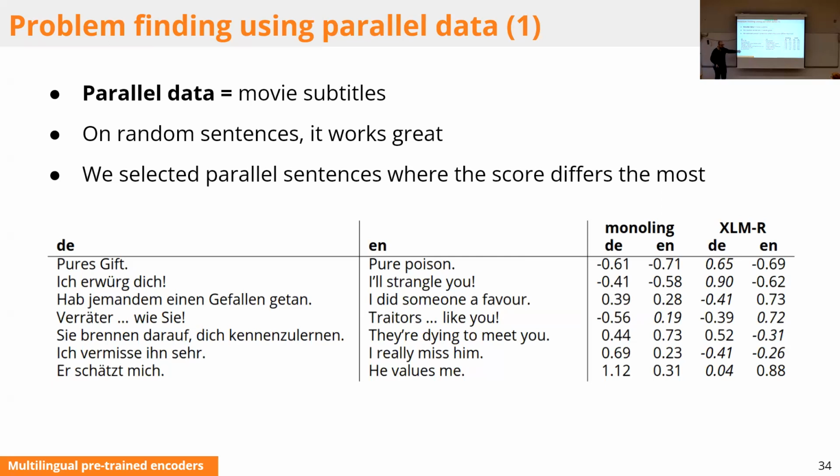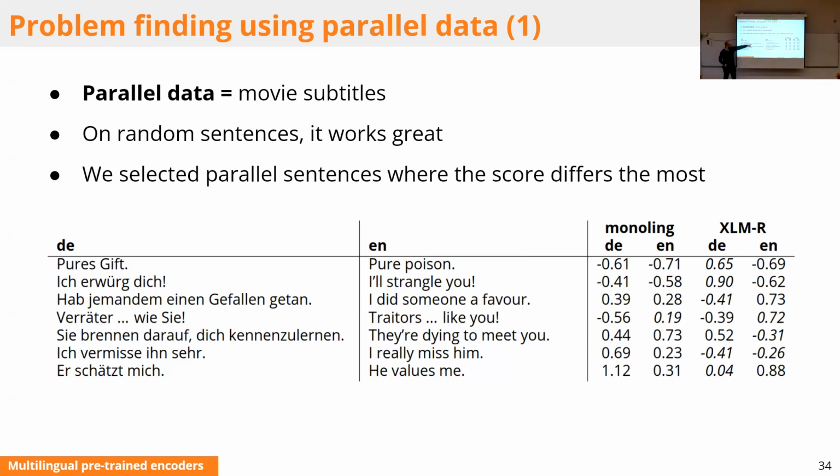In German, Gift is poison, but apparently the multilingual model thinks it's gift in English, so well, that's a good thing. Well, obviously, it doesn't know what erwürgen means. Neither did I.